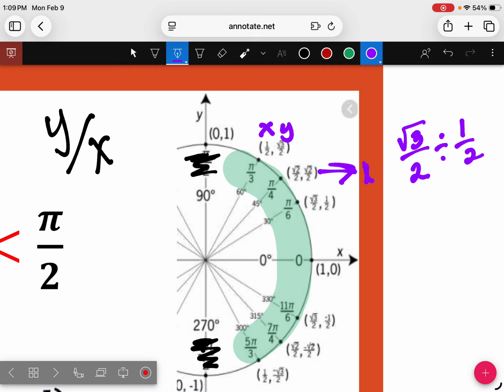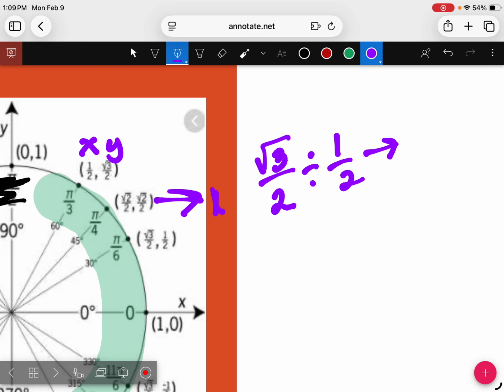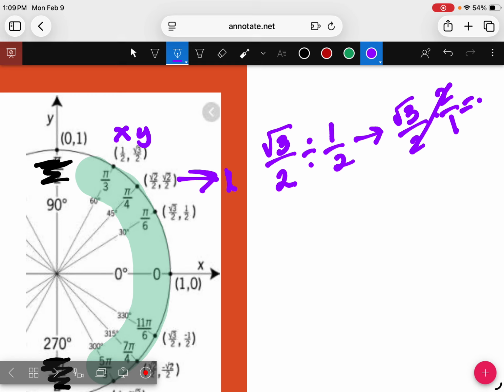Keep, change, flip, right? And that would give me root 3 over 2 times 2 over 1. This would cancel, and my answer would just be root 3. That's not the same as root 3 over 3. So this is not my answer. Keeping that in mind, the only thing it could be is what? What's left? Pi over 6.